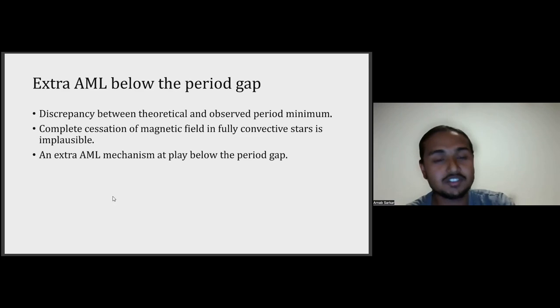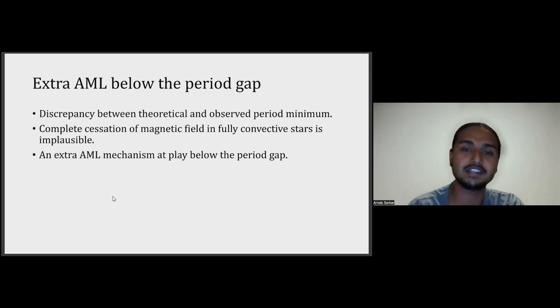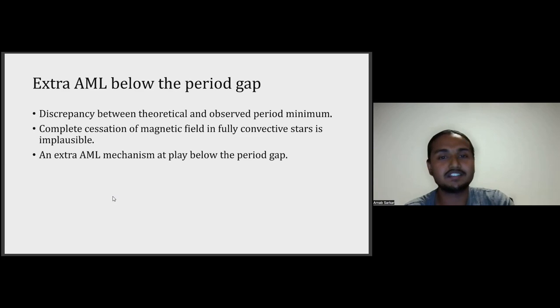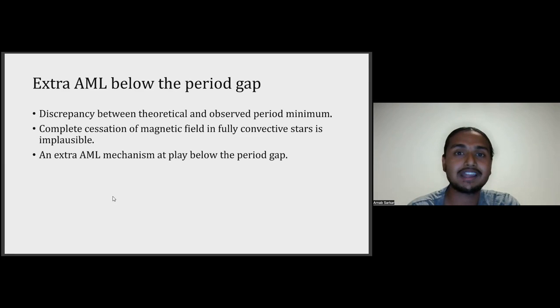So we attribute this to an extra angular momentum loss mechanism below the period gap, due to the fact that complete cessation of magnetic field in fully convective stars is not plausible, and there has been evidence of some remnant magnetic field in fully convective stars. So we use this fact and come up with an extra angular momentum loss below the period gap.